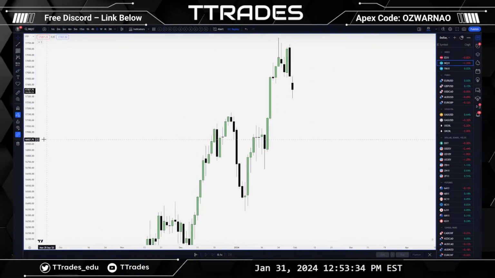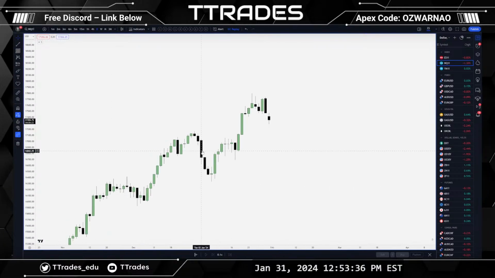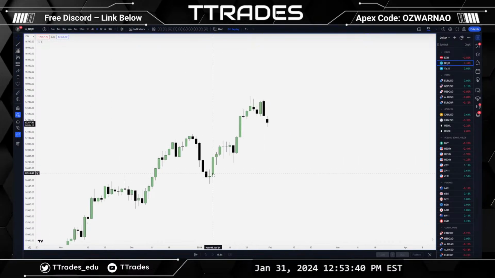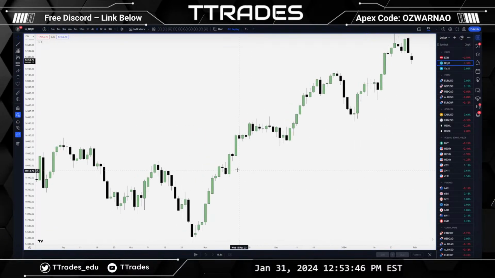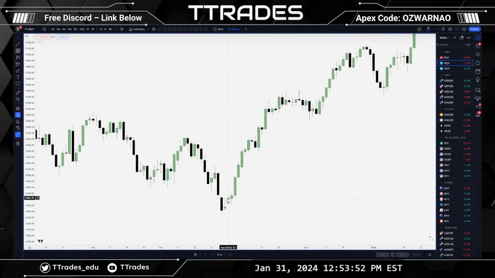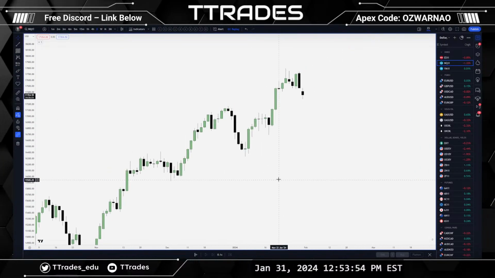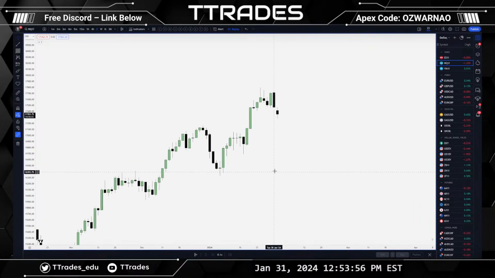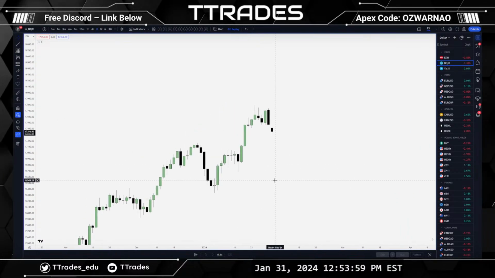Look how many times we have 3 expansion days, and then what follows, right? 1, 2, 3, consolidation. 1, 2, consolidation. 1, 2, kind of 3 days there if you add them together, consolidation. 1, 2, consolidation. So stop trying to trade right after large expansions on the daily chart.